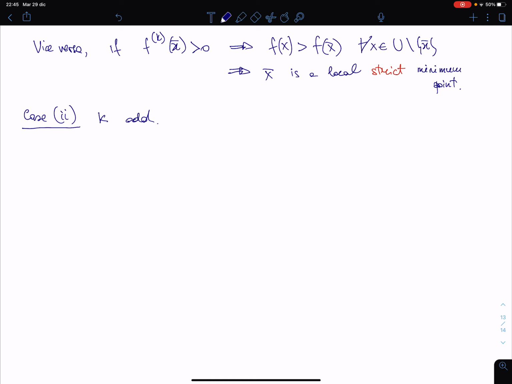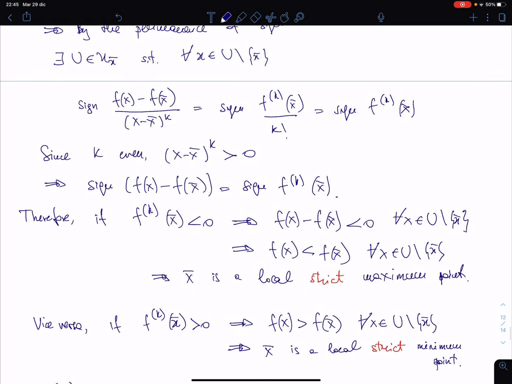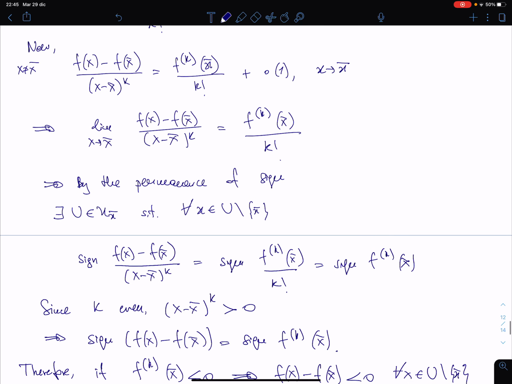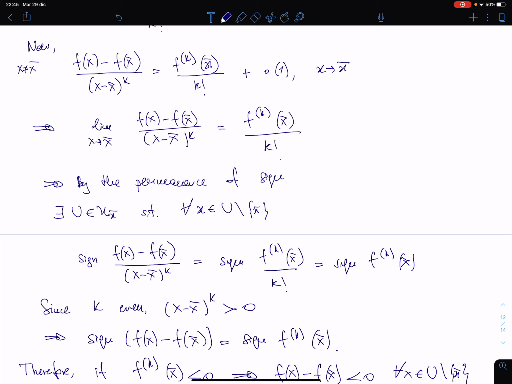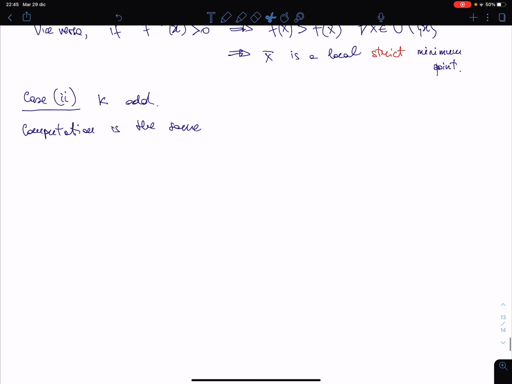So the computation is the same up to here. So let me copy, paste.